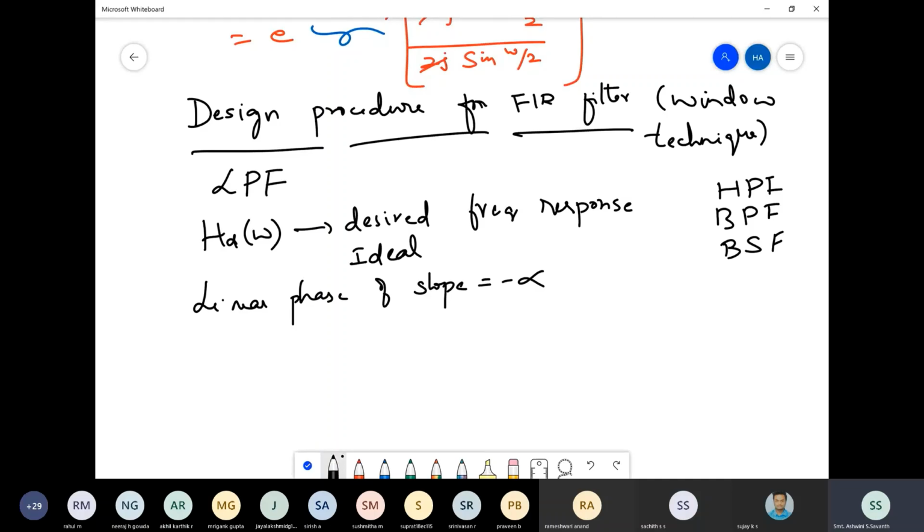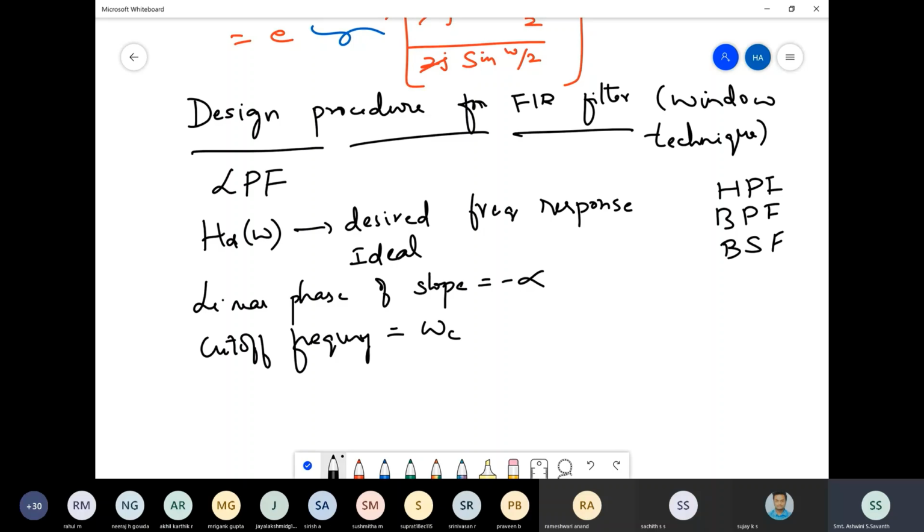So we are considering an ideal frequency response of a low pass filter with a linear phase of slope minus alpha. This is HD of omega. So what is the equation for this HD of omega? One more thing, the cutoff frequency. Let's denote it as omega c.